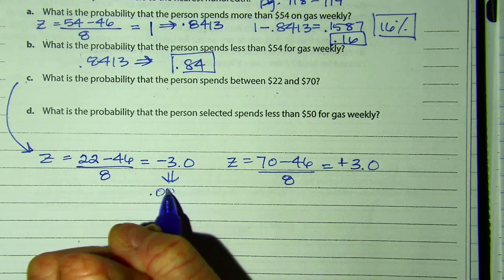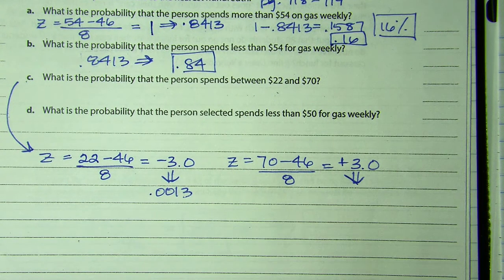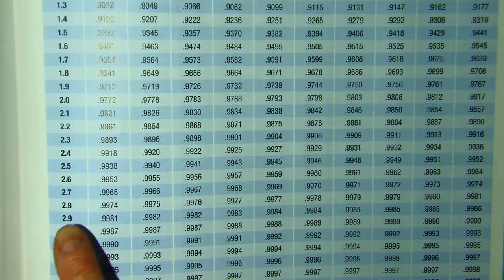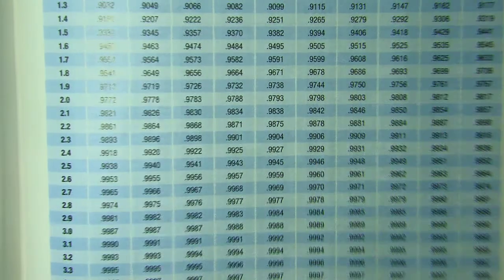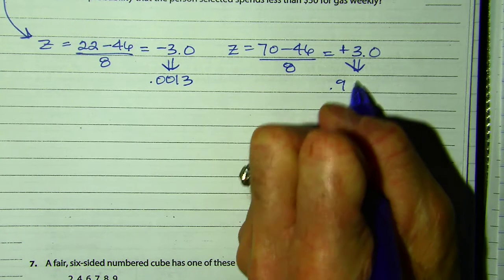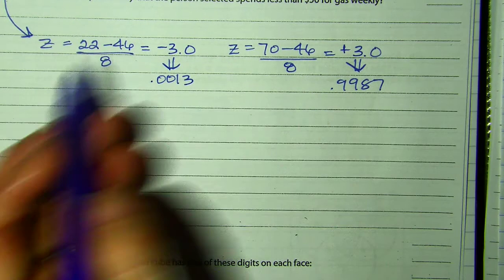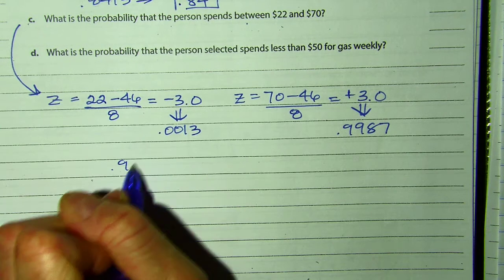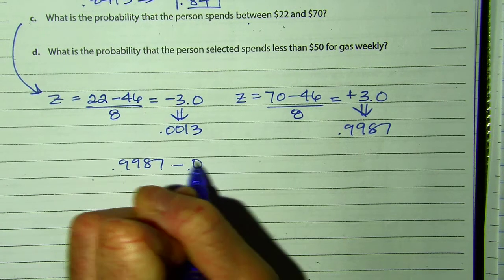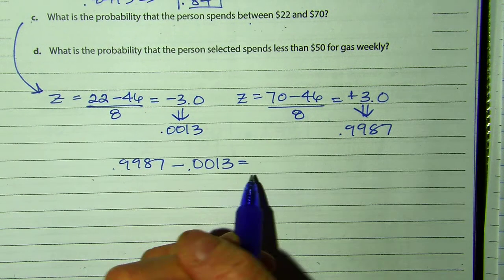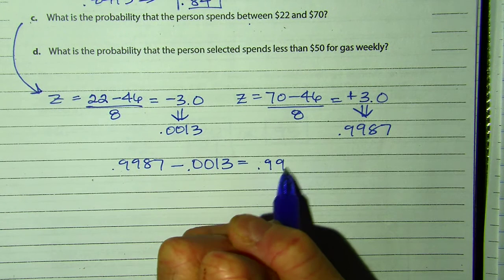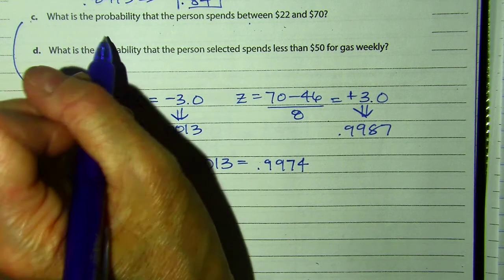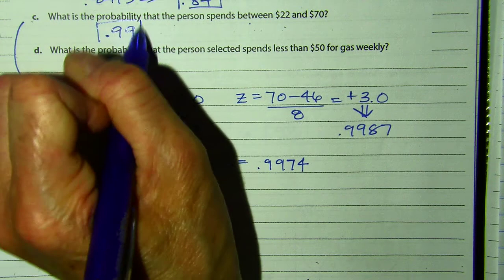Now I'm going to look at positive 3. So that's way down here. 0.9987. So if I want to look for between, I have to subtract. 0.9987 minus 0.0013 would give me 0.9974. And it said to round to the nearest hundredth, so 0.99.